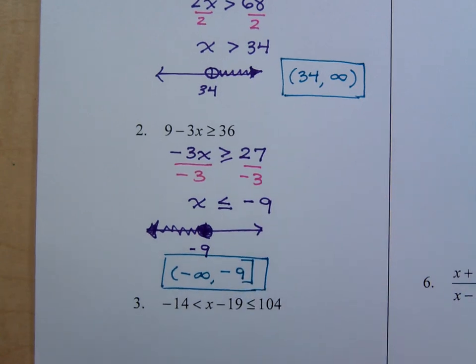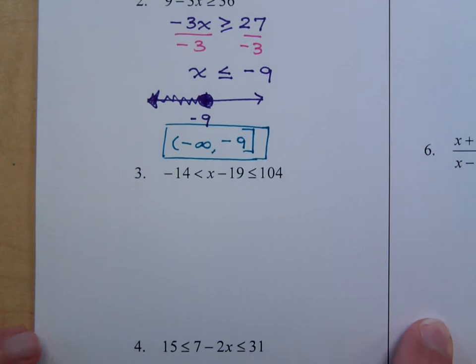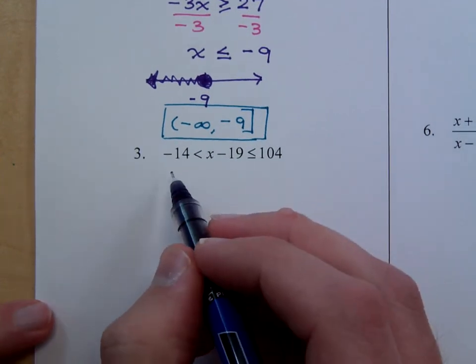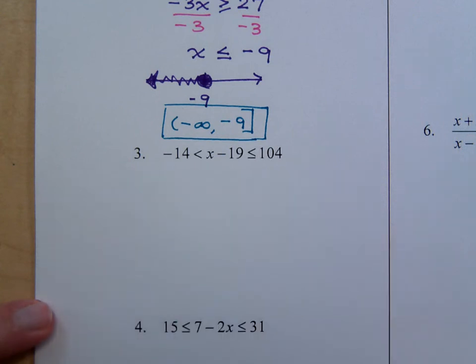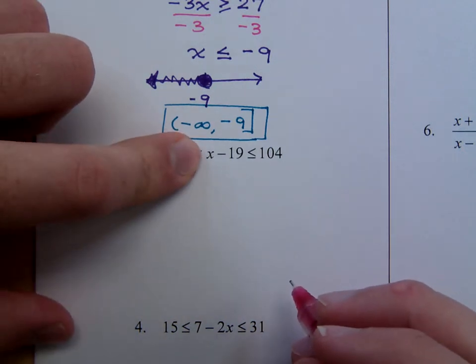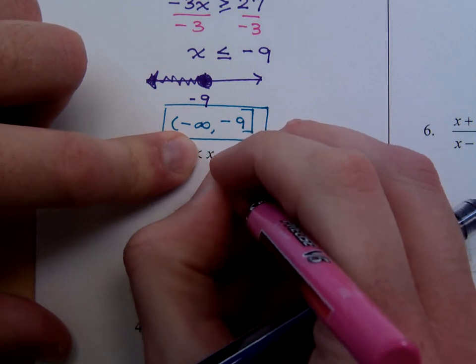Now, number 3 is what we call a compound inequality, and more specifically, it's a 3-part inequality. Your goal is to get x by itself. So if I had just this inequality right here, you would add 19 to both sides, like this.